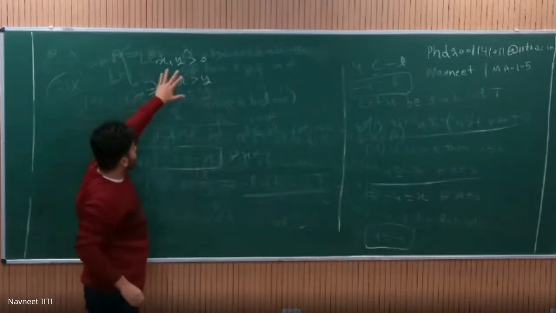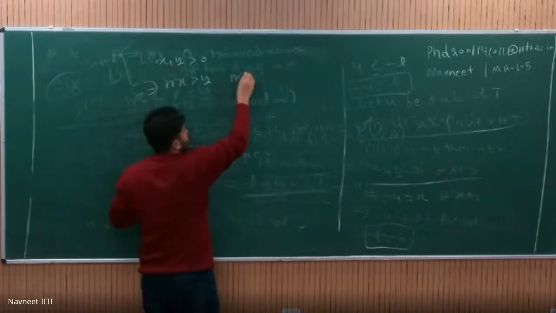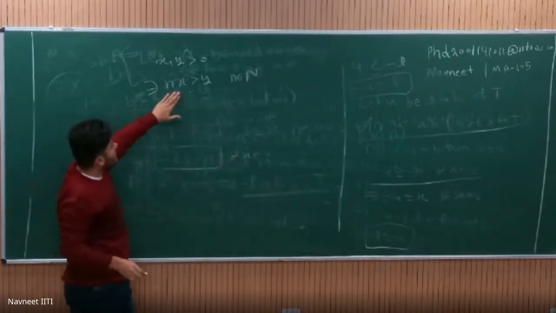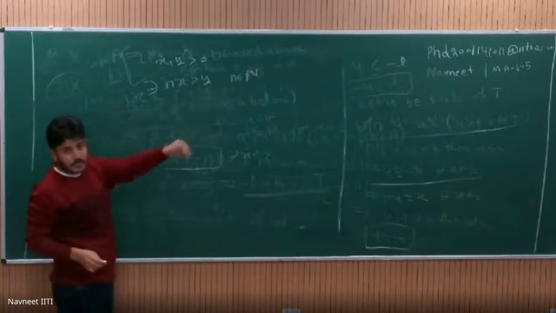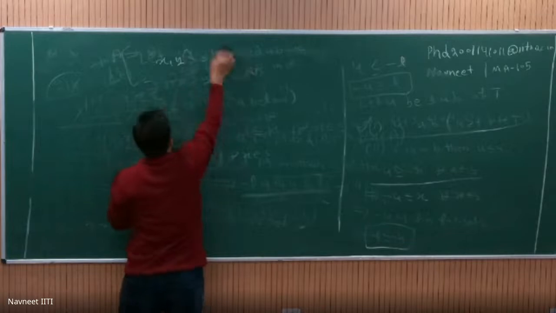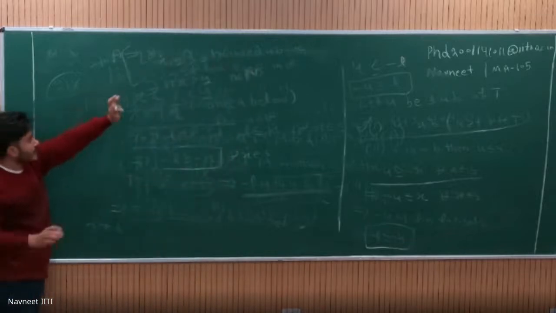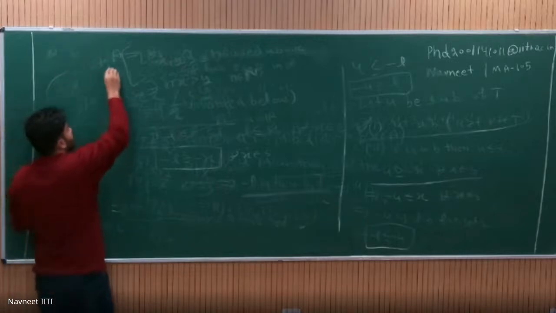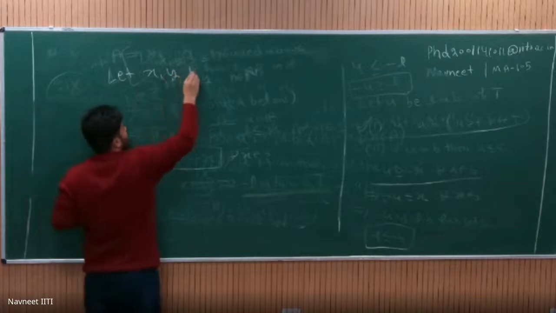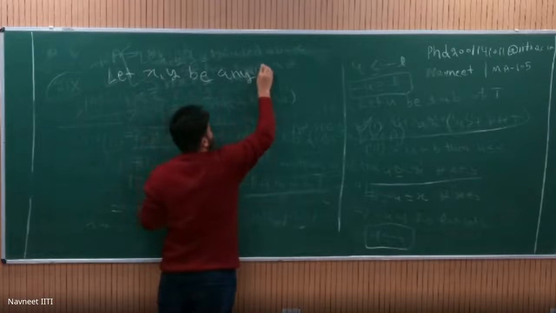That means if you have two positive numbers, there definitely exists some natural number n such that after multiplying by it, one number is greater than the other. This is the Archimedean property, and we want to use it, that's why I am recalling it. This property is true if x and y are positive numbers. So let x and y be any real numbers.